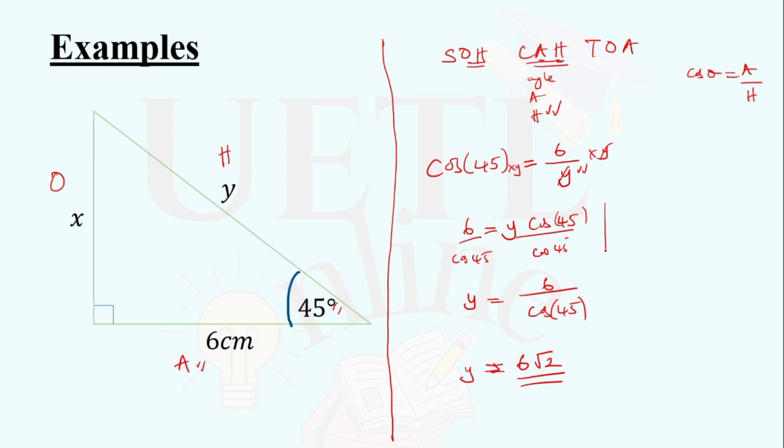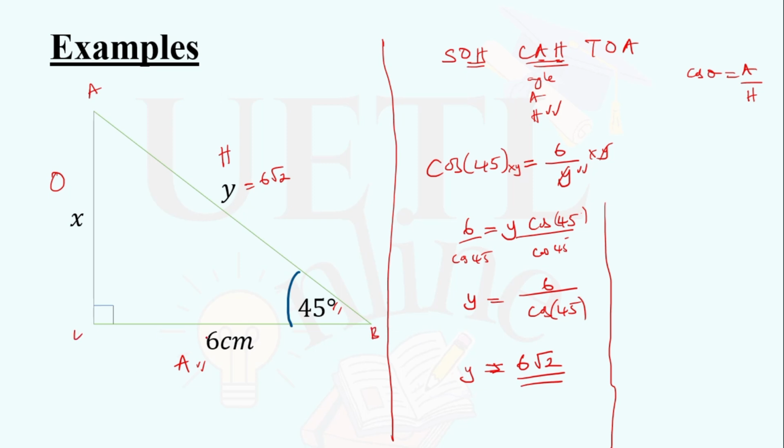Now our duty is to find x. We know that our y is equal to 6 root 2. Now we're going to use Pythagoras' theorem to find this opposite. We can use the tricks again to find it, but I'm just going to use Pythagoras so that you can memorize it. We name the sides A, B, C first.